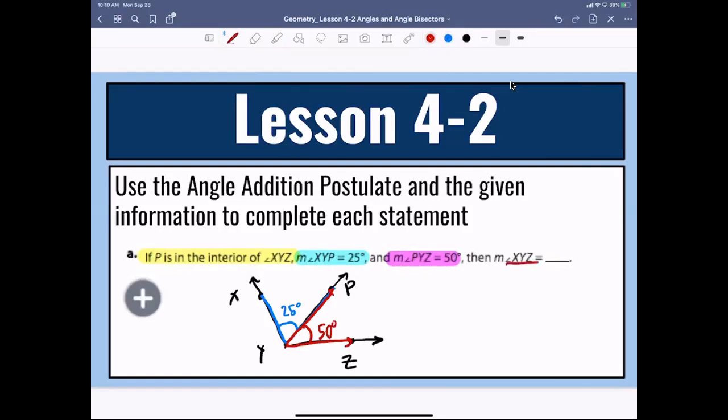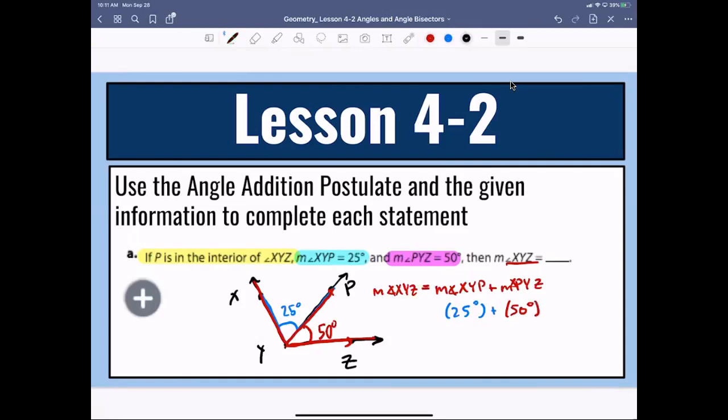What is XYZ? Well, if you remember the angle addition postulate, the measure of XYZ is going to equal the measure of XYP plus the measure of PYZ. XYP was this part, the 25 degrees, plus PYZ, which is 50 degrees.